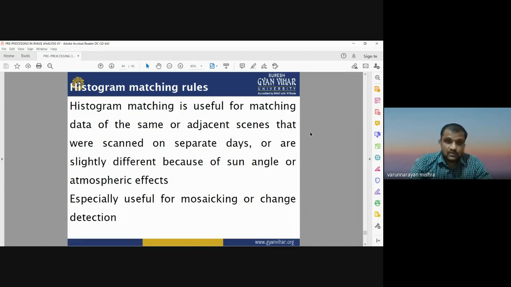It is a very important technique for change detection studies and urban growth monitoring. We can use histogram matching to match the histograms of two-date images, to see the changes in the histogram at different years, at different times.